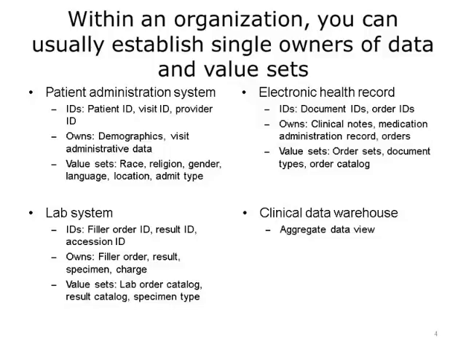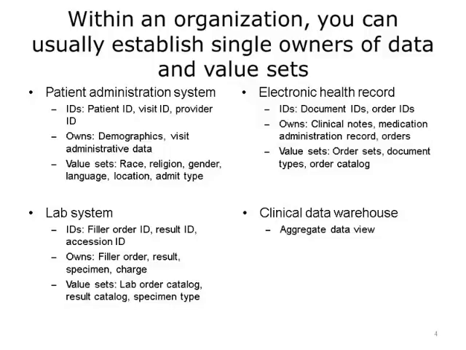It would also generate unique IDs for things like clinical documents or orders, and it would own those IDs. It would own clinical information being collected by the clinicians, like the medication administration record, doctor's orders, or clinical notes. The electronic health record would also own the value sets for types of orders and documents.